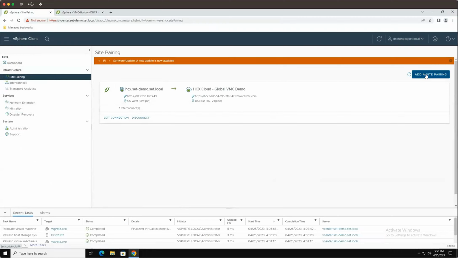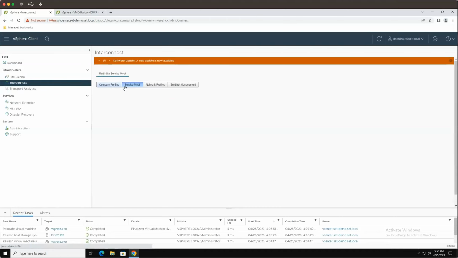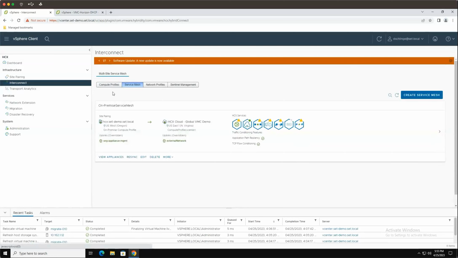And I say, okay, I want to add a site and deploy it on my branch office or my on-prem data center and set up the connection between the two sites. I need not only the connection, also the interconnects where all the traffic is running, and service meshes. So that means we can also set up layer 2 VPN tunnels between the sites.